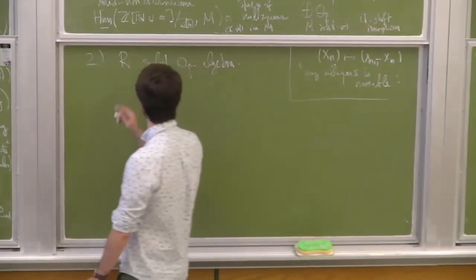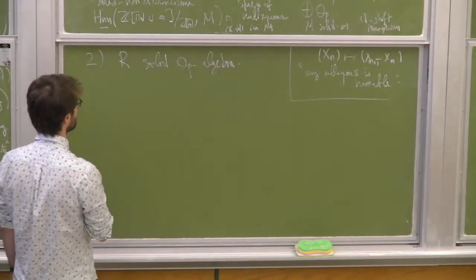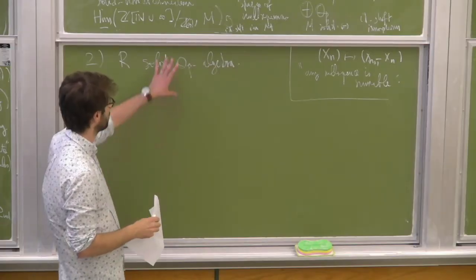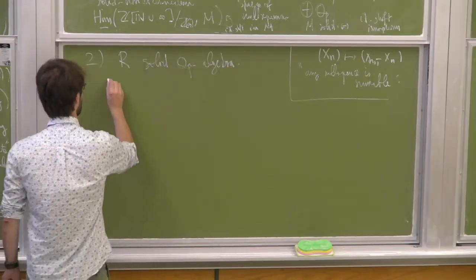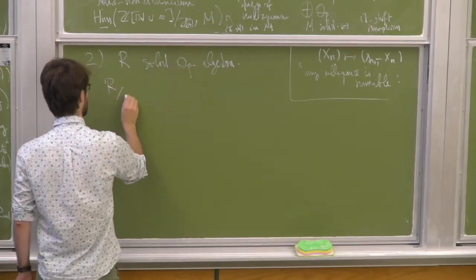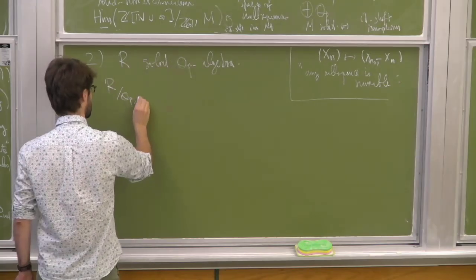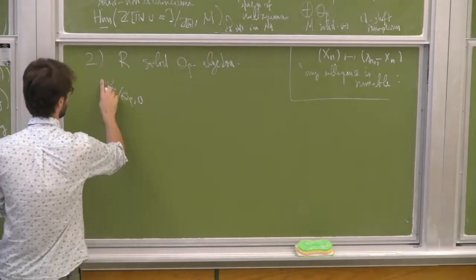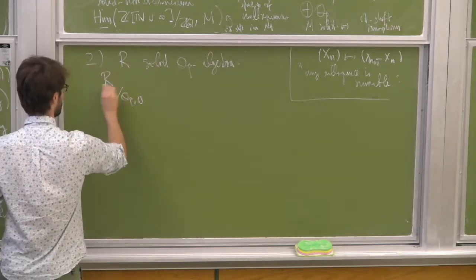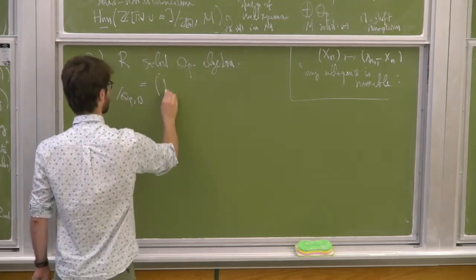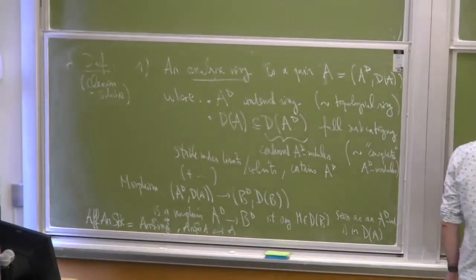So the next example was if I take R to be a QP algebra, which is solid as a QP module, I have a certain induced analytic field structure, which I will denote as this. That's supposed to be a subscript. And so R is my underlying condensed ring.